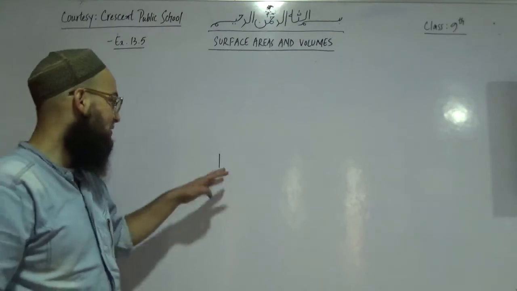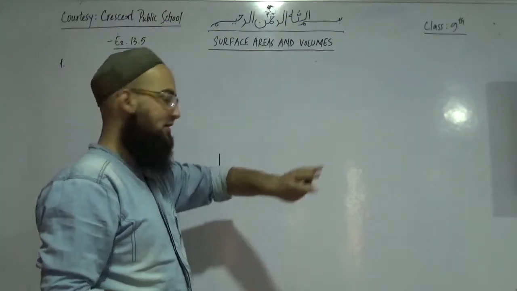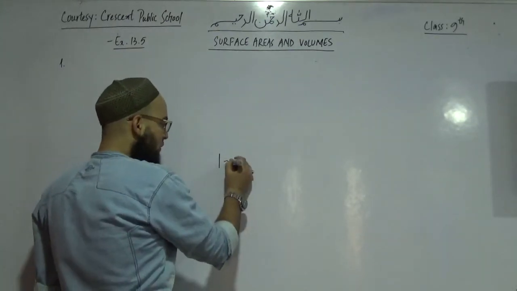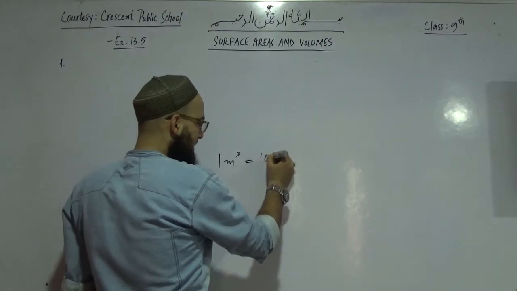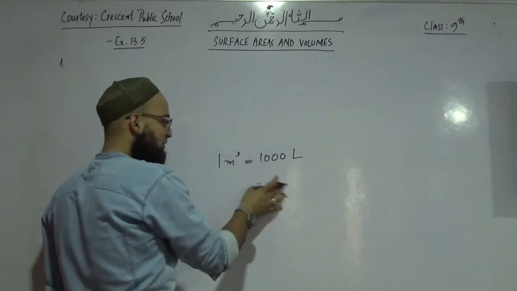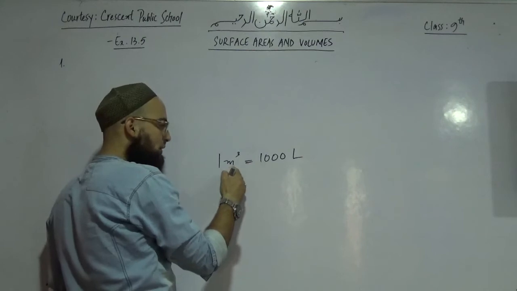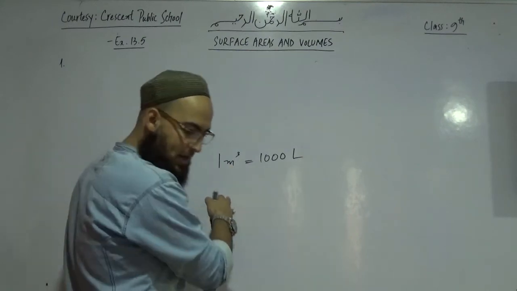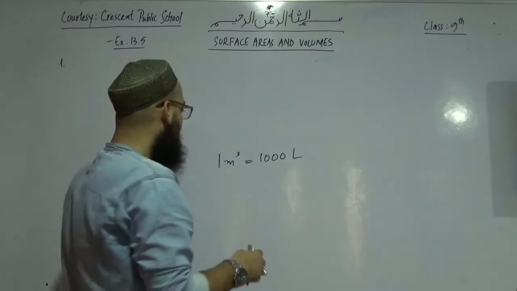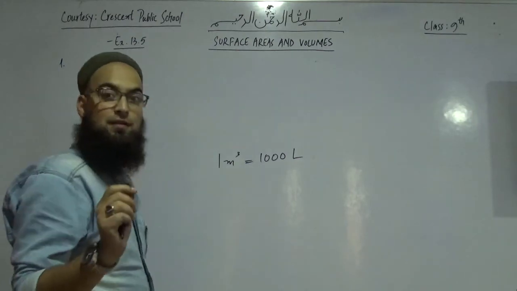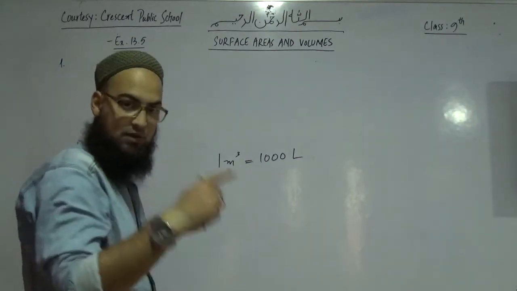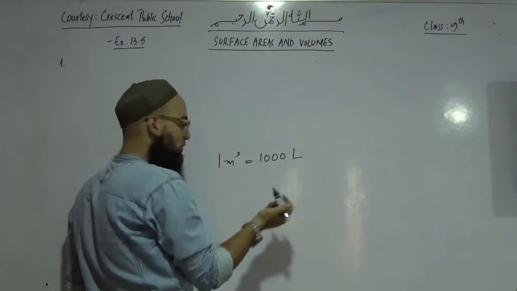But you need to convert that cubic meter into liters. Remember the conversion? 1 cubic meter is equal to 1000 liters. This is the conversion from cubic meter to the liters. Now if you get 135 cubic meter, it is equal to 1000 times 135 liters. That many liters are your answer.